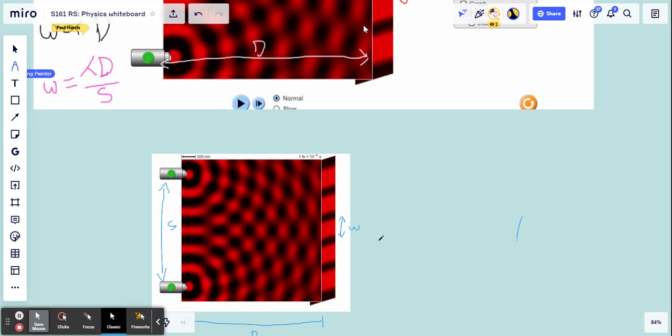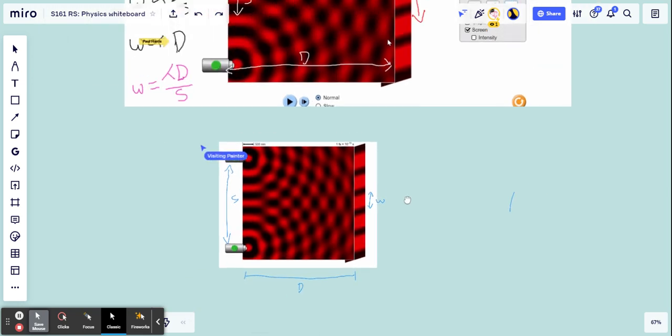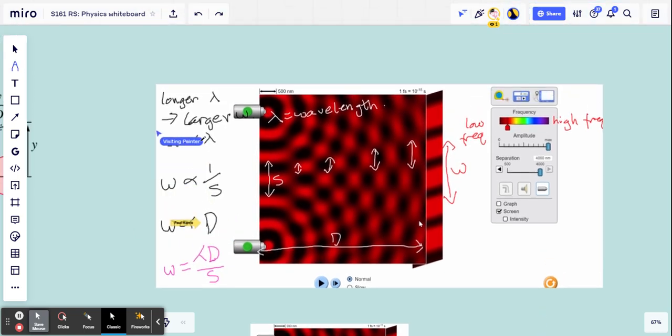And so down here we can see what we should have actually done. This W is dependent on three things. It's dependent on the distance between the screen and the sources.